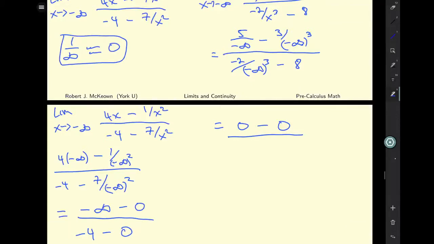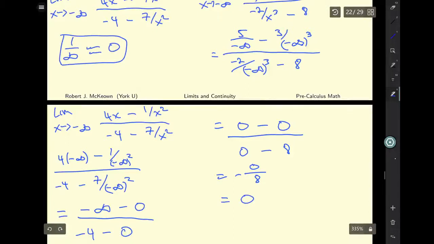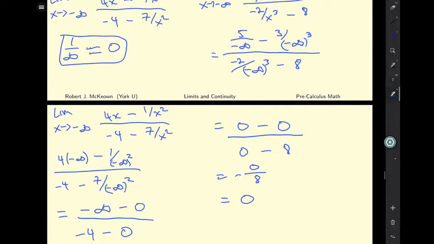Negative 2 divided by negative infinity cubed, again, that's just going to be 0. And we're left with a minus 8. So now we've got 0 over negative 8, and that's just equal to 0. And so the limit of this expression as x goes to negative infinity is going to be 0.